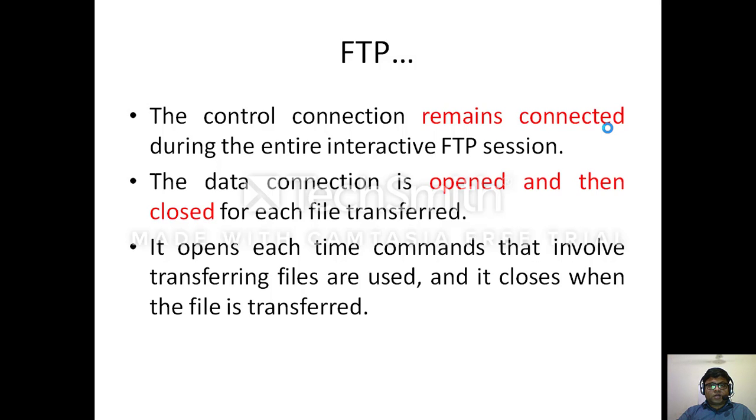The control connection remains connected during the entire interactive FTP session. The data connection is opened and then closed for each file transferred. It opens each time commands that involve transferring files are used, and it closes when the file is transferred.